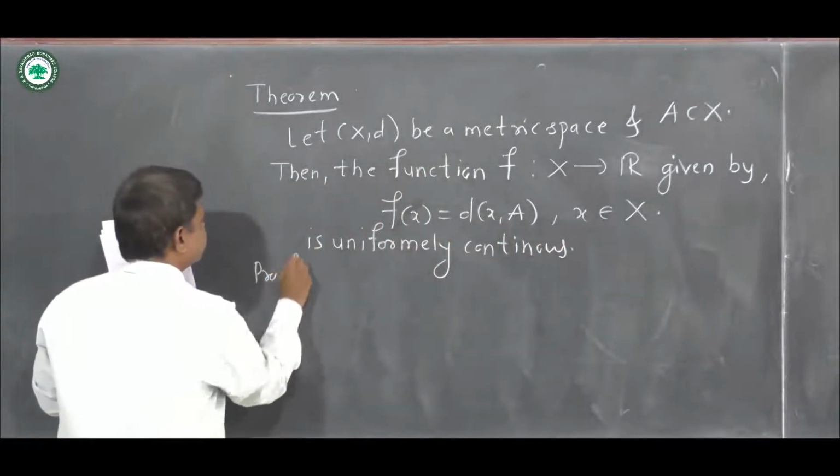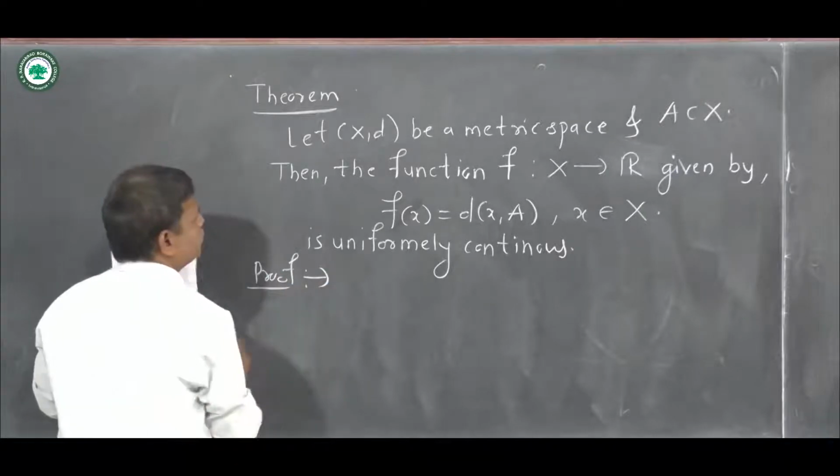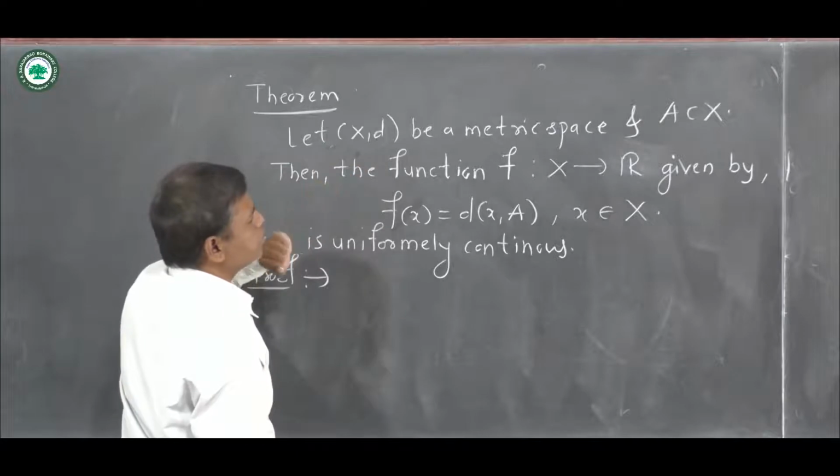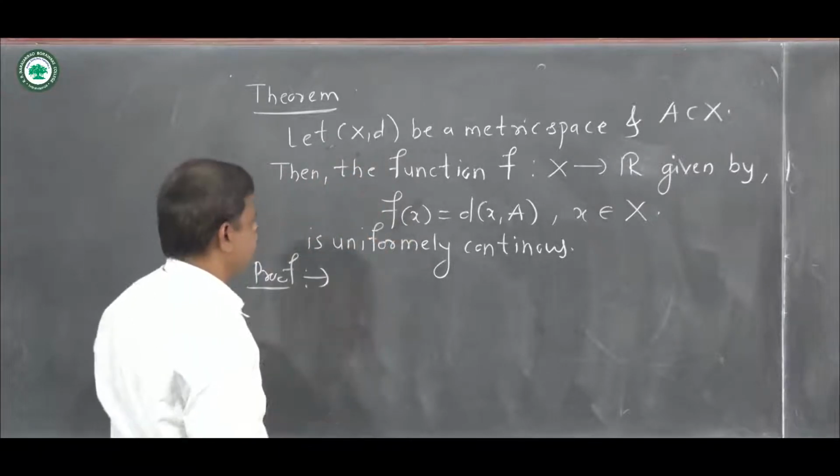The proof of this theorem: here we have the metric space and f is a function from X to R given in this way.